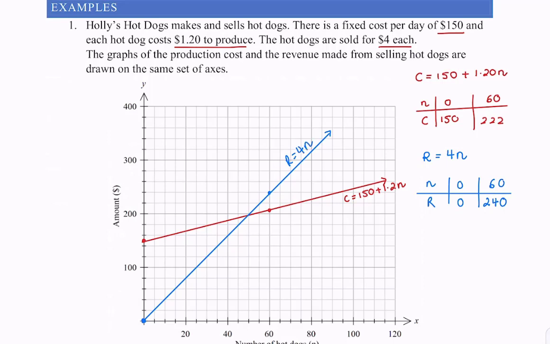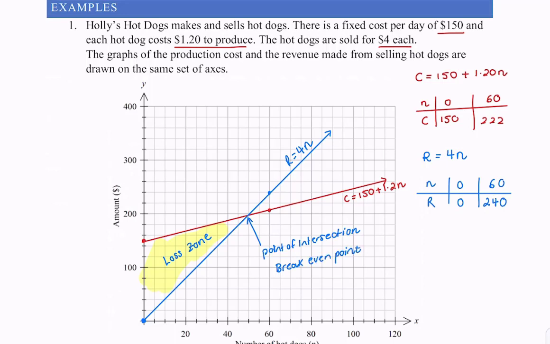So this graph is fairly common and we can use this to find what we call the break-even point or the point of intersection. The first thing we need to identify is this area in here, which is what we call the loss zone. Because if we sell very few hot dogs, we're actually running my business at a loss. This point of intersection here is called the break-even point.